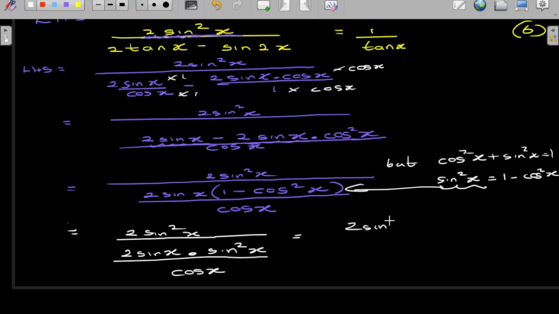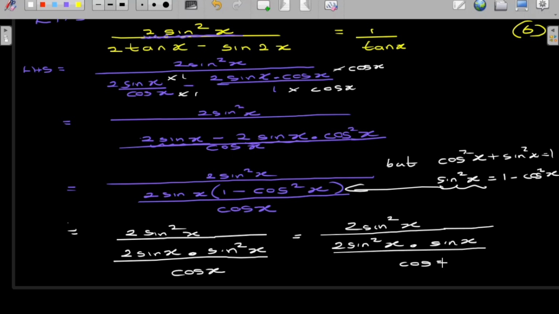It's going to be equal to 2 sin²x, divided by 2 sin²x times sin x, and then I'm going to divide this by cos. I rewrote this so it's easy to follow how the cancelling happened. Or if you understand, then you could have done it in the other step. Now I can just cross out the 2 sin²x, and on the top we're going to have 1 remaining.